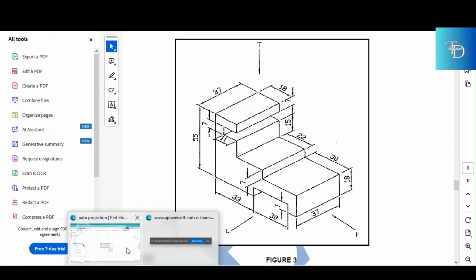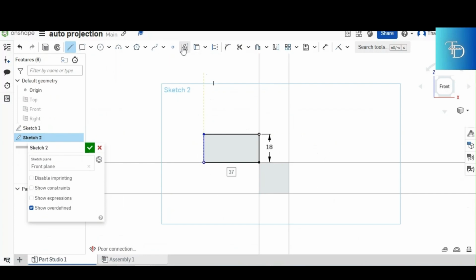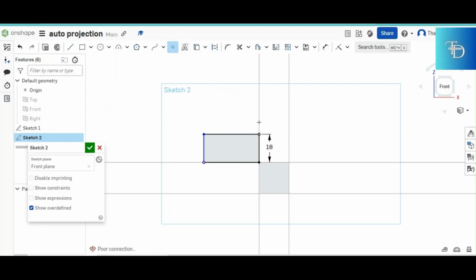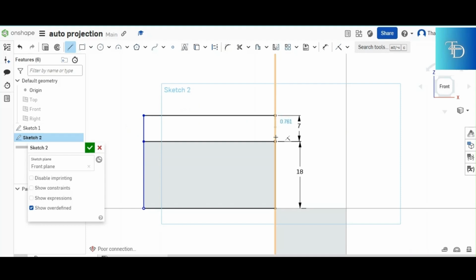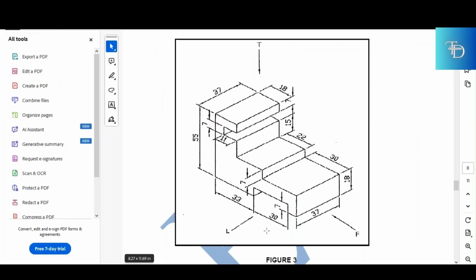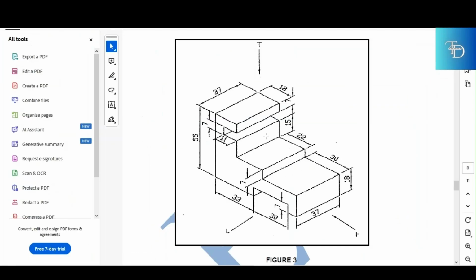So you go back to your drawing. You're supposed to push up by 7 units. You take your ruler, you go up by 7 units, and after that you complete your rectangular shape. Just like that, now you're done with the second one. Let's go up to that one. How high is that one? It's 15 units.